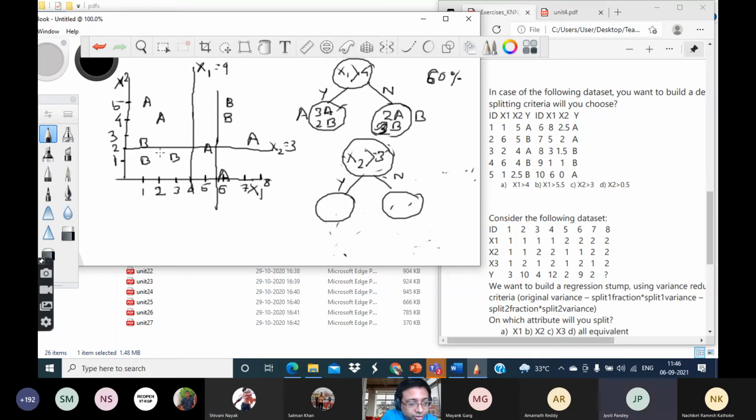Sorry, that line has become x equal to 3, not x2. So this one is the correct one, x2 equal to 3.